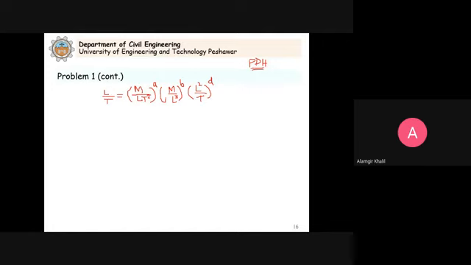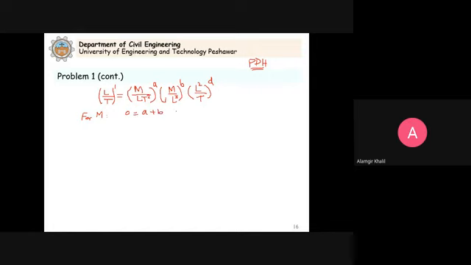To satisfy this PDH, the exponents of each dimension must be identical on both sides, meaning the left hand side and the right hand side. So for M, what is M here? 0. M is 0 here, so no M, it is 0. What is M here? A. What is M here? Plus B.